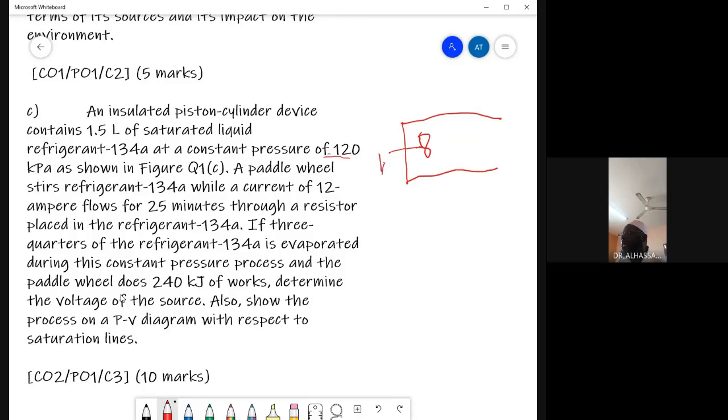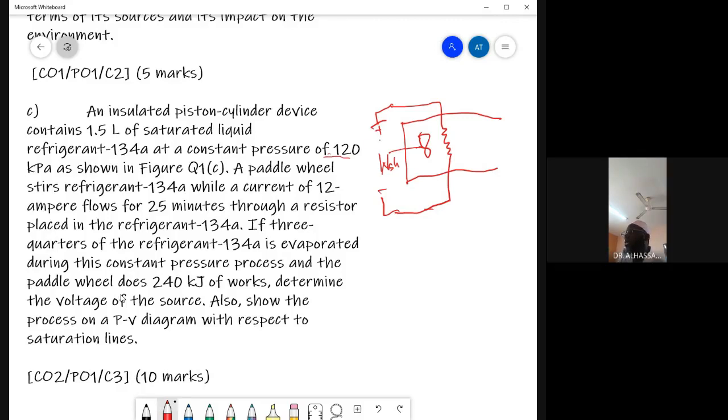So here we have the shaft work, W shaft is this, and then there is current also, which means there is electricity. Current flows through, so maybe this is the positive side, this is the negative side. So we have the current.